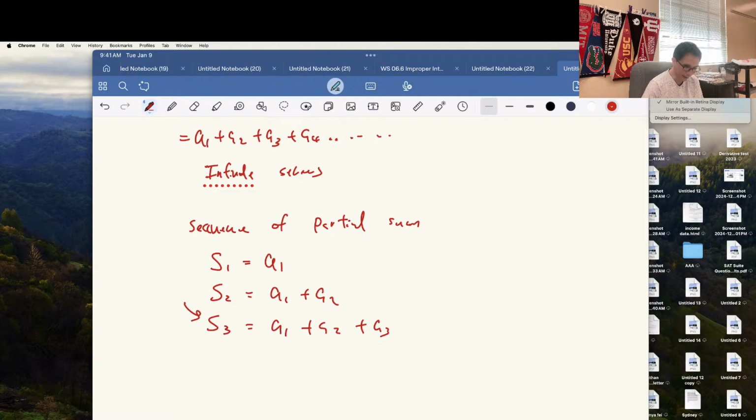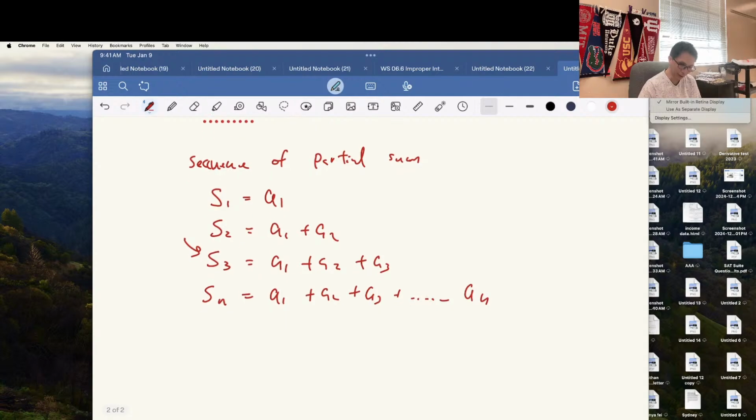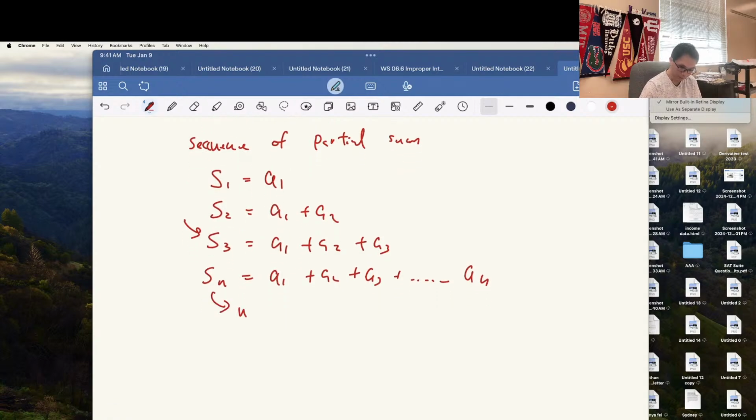So this is the partial sum of the first 3 terms. And obviously, S_n is going to be a1 plus a2 plus a3 plus dot dot dot to a_n. So we call it the n-term partial sum.